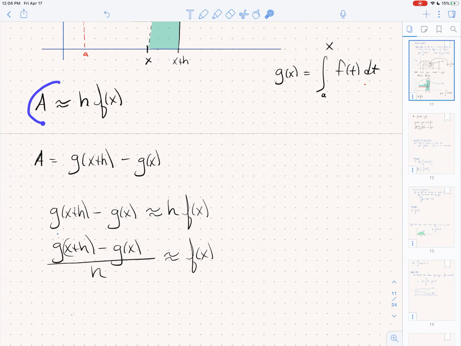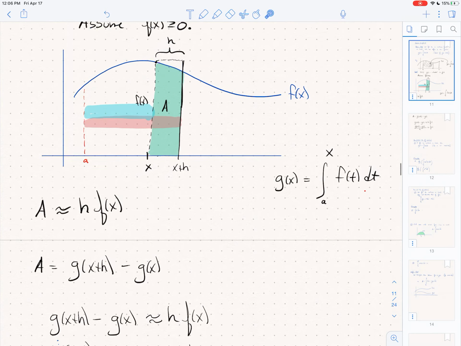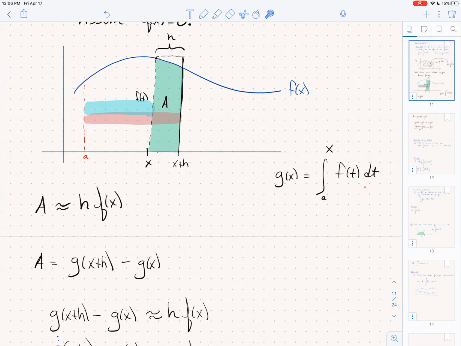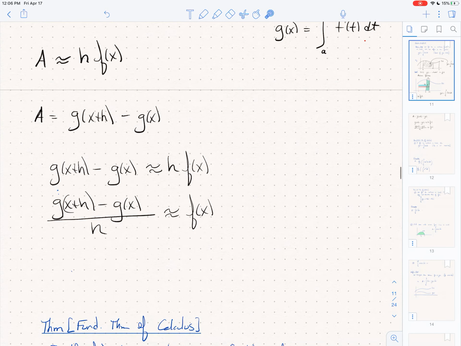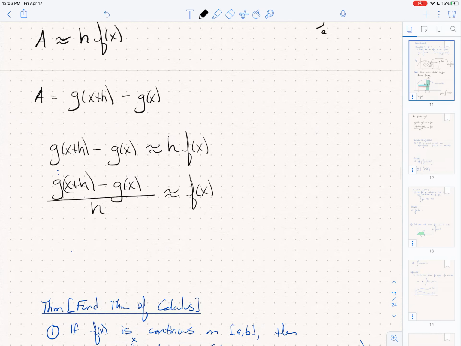And by the way, as h goes to 0, this h times f of x is getting closer and closer to the actual area. It's getting more and more accurate. As h gets smaller, the error gets smaller too. The point, though, is this fascinating connection here.